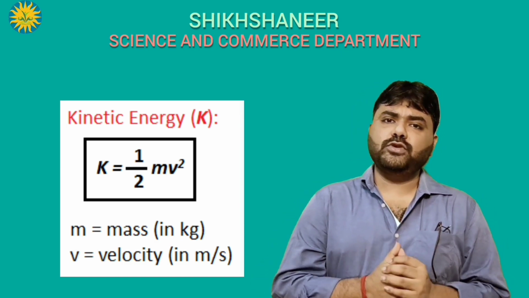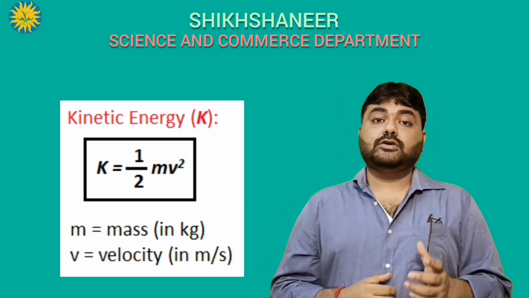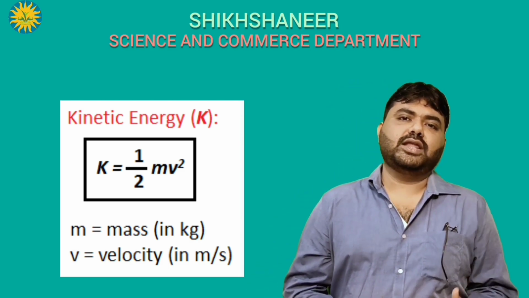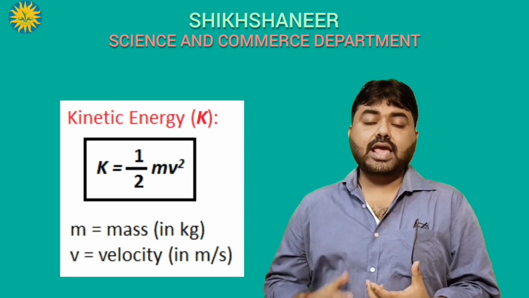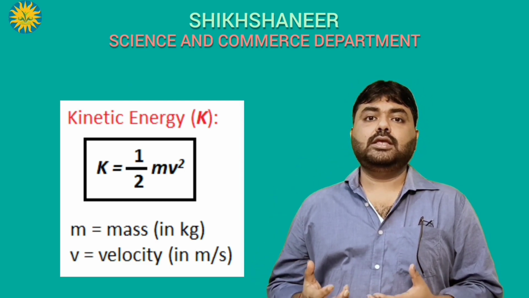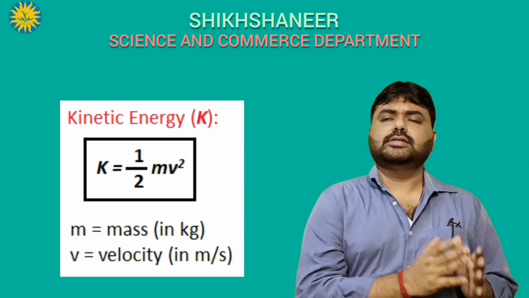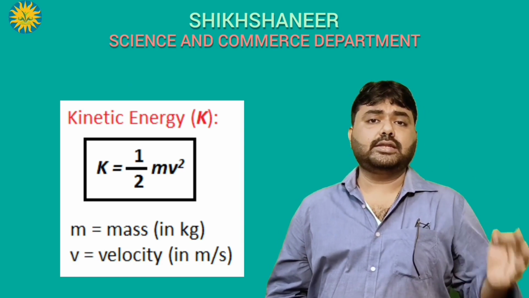Since the body is in motion, it has a velocity. Therefore, the kinetic energy depends on the mass of the body as well as its velocity. The product of mass and the square of the velocity, multiplied by half, is known as the kinetic energy. That is the mathematical expression for calculating kinetic energy.